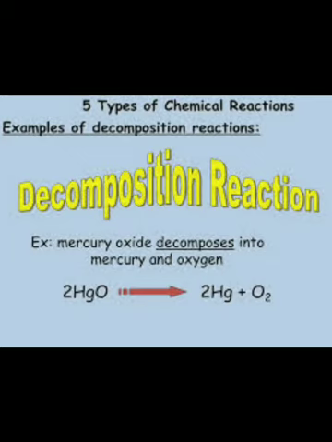The next one is decomposition reaction. Decomposition reaction is the breaking of a compound either into elements or simpler compounds, such that these products do not recombine to form the original compound. That means a chemical compound is decomposed into two or more simpler substances. There are two types: thermal decomposition and photochemical decomposition.